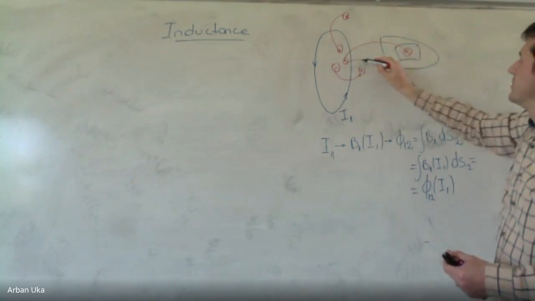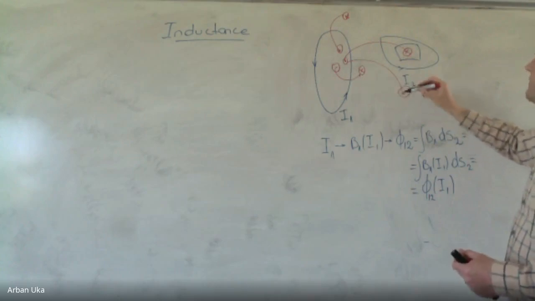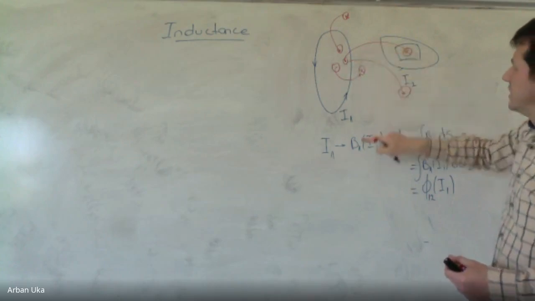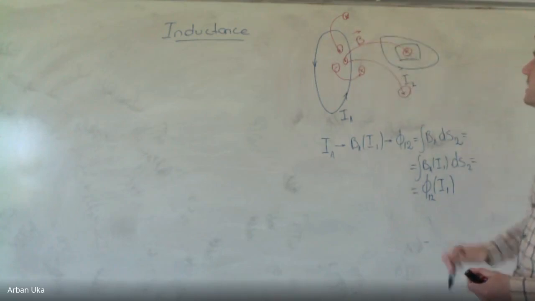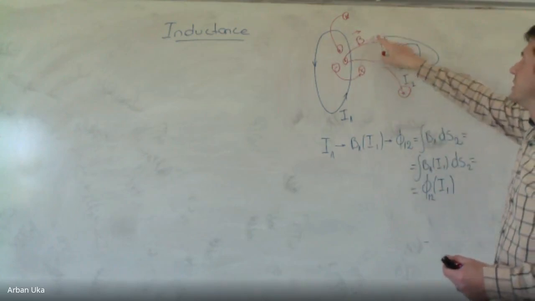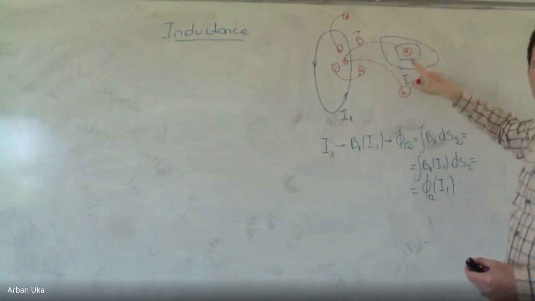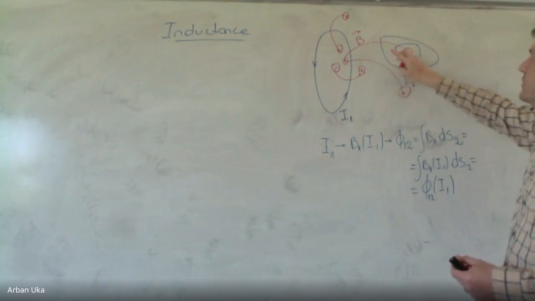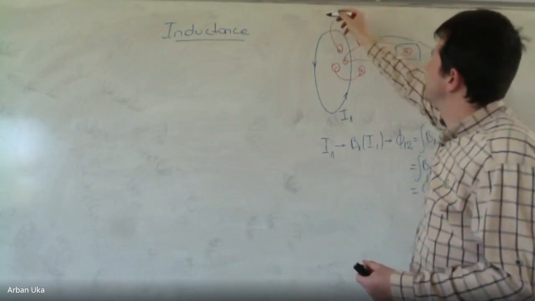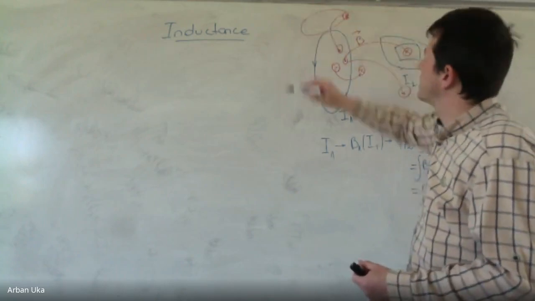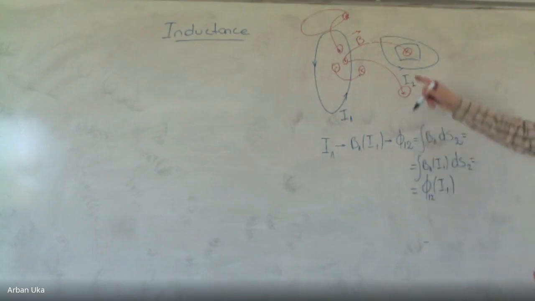Okay, so it goes everywhere. So this current here produces this magnetic field, which is in red. Okay? And now, this magnetic field that is in red is applying a flux, or we can measure a flux of this one on the surface area. So we can also calculate what is the flux of this magnetic field in some other area like this. But let's see what happens on this other circuit.